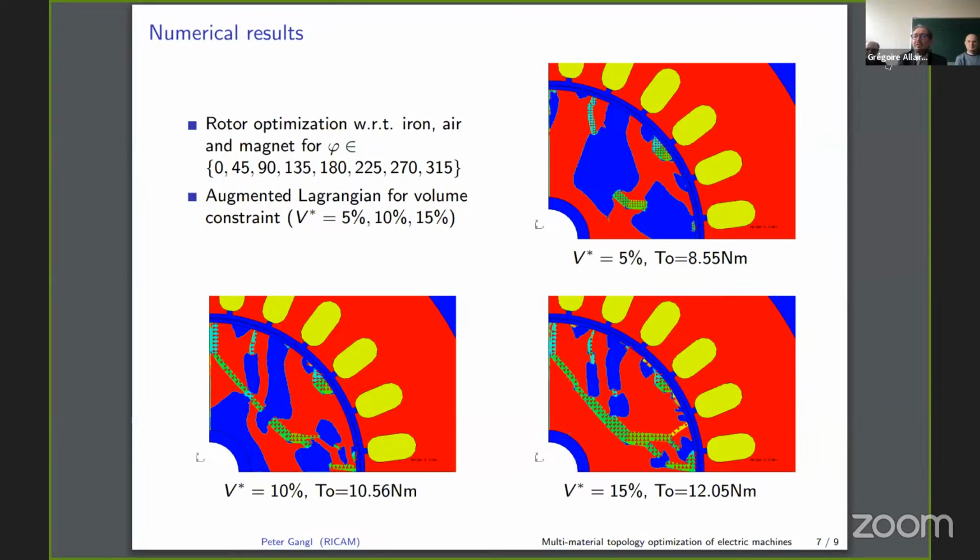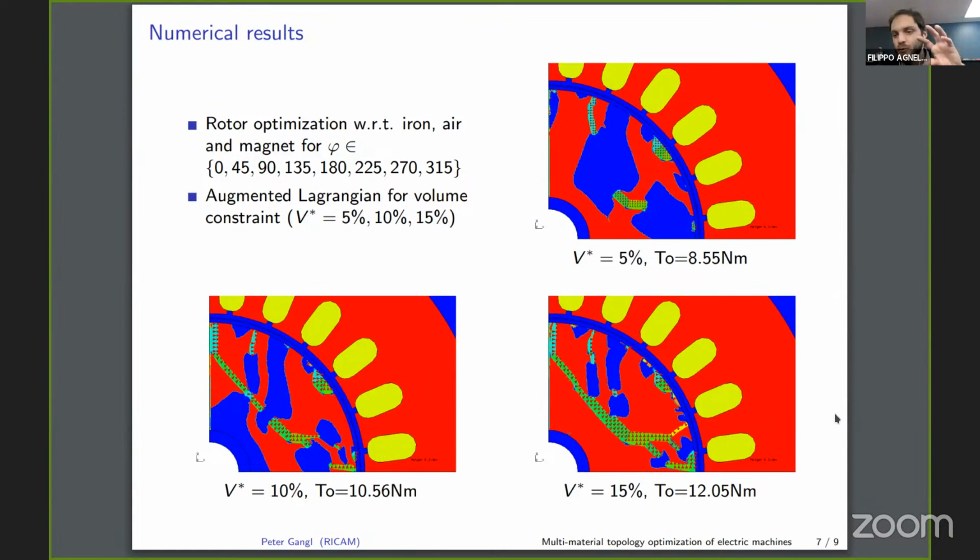Yes, there is a question by Filippo. Filippo, please. Thank you very much, Peter. Jumping off the remark of Professor Allaire, have you tried to see how sensitive this architecture is to the position of the rotor? If you shift it by some degrees, how bad does it get? We tried a few different rotor positions and we get different designs, but I didn't check for tiny changes.